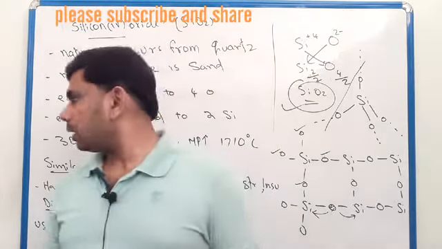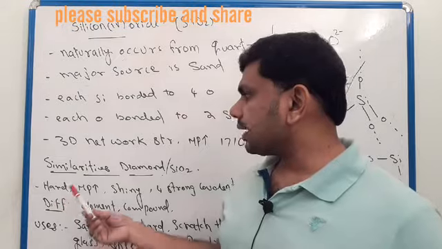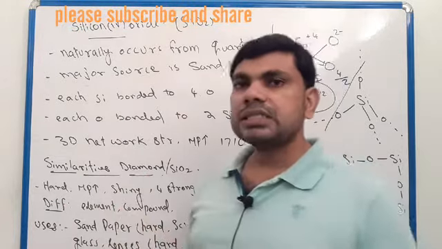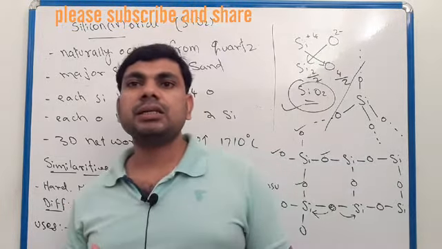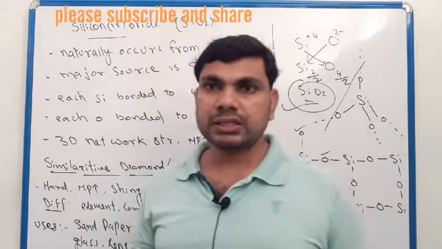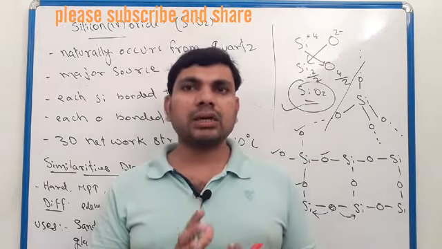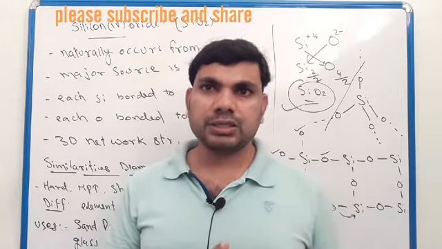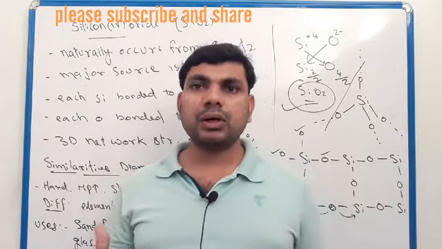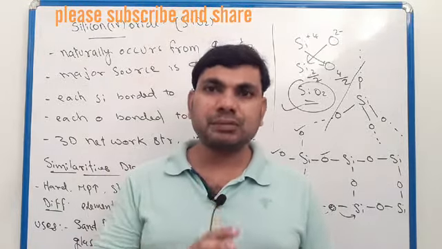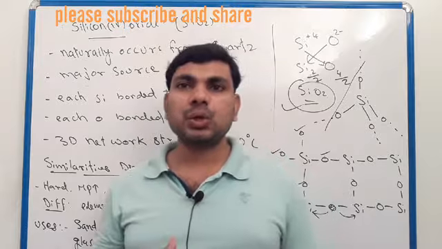Okay. And next we have to discuss the similarities between diamond and silicon oxide. We already learned silicon oxide and diamond. So what are the similarities between diamond and silicon oxide?